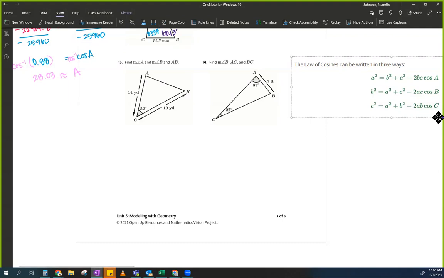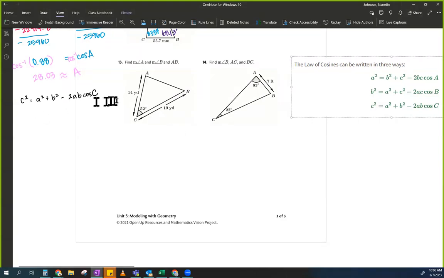So it goes C squared equals A squared plus B squared minus 2AB cosine of C. Okay. Eventually, you guys will see a pattern on why this is called the law of cosines. You can kind of see the Pythagorean theorem right here, and then some extra stuff there, which makes sense if you think about it because this is not a right triangle.